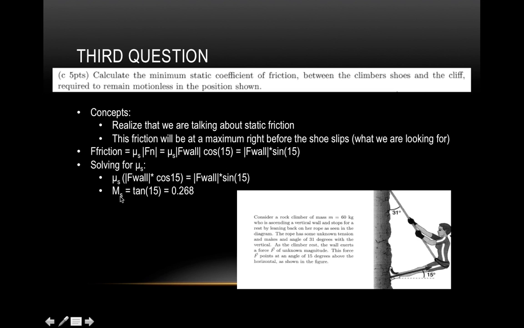And then we solve for mu s, which is equal to the magnitude of the wall force times sine 15 divided by the magnitude of the wall force times cosine 15. These wall forces will cancel. Sine 15 over cosine 15 is equal to tan 15. Plug that into the calculator and we get 0.268. And remember, this value is unitless.